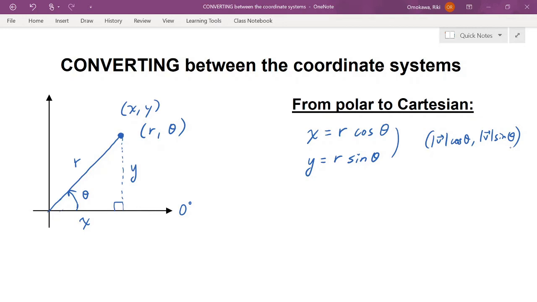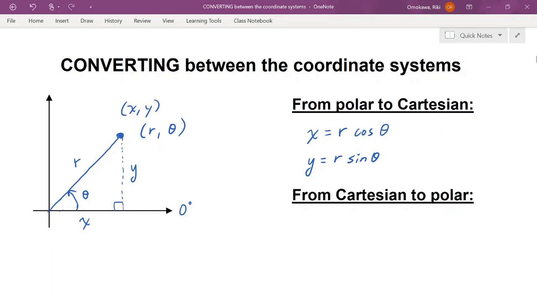This point that we have out here, we could also just think of it as a vector starting at the origin and pointing to that point, so the head at the point there. And so we're using the exact same math that you would in a vector situation to find x and y in terms of r and theta.